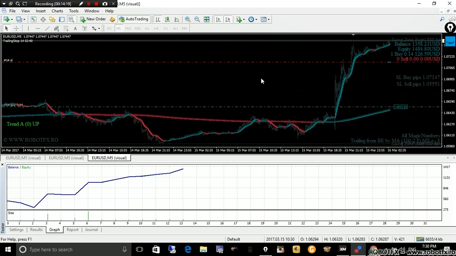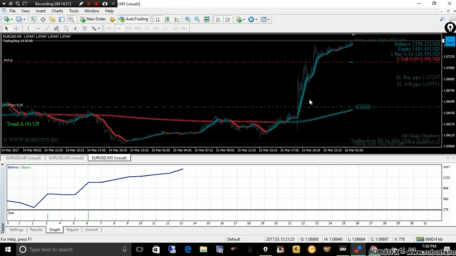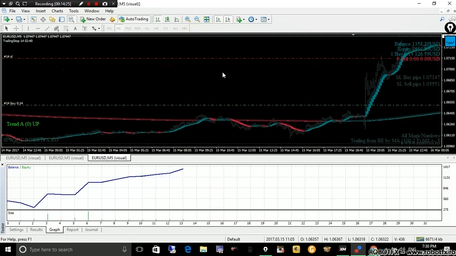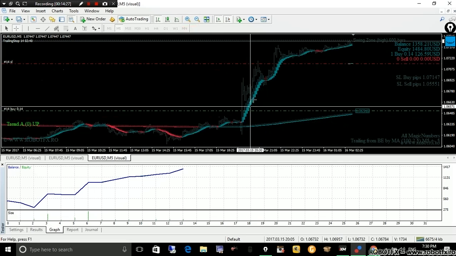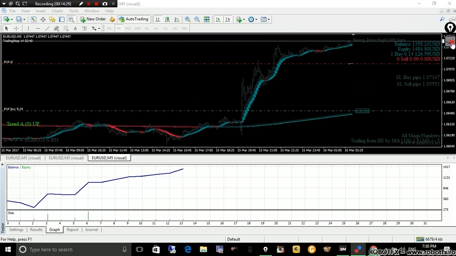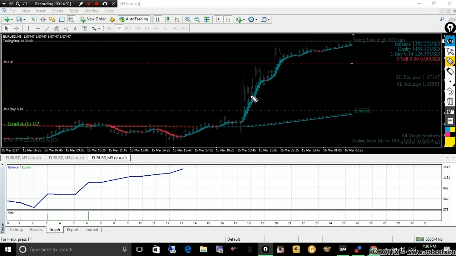And a thing about trailing the price, I've said, if you use another trailing method, like let's say the Heiken Ashi candles, we could have trailed the price using these candles. It is possible to set a buffer, so the expert advisor will place the stop loss not at the end of the Heiken Ashi candle, but at the end of the Heiken Ashi candle plus that buffer at, let's say, 10 pips.